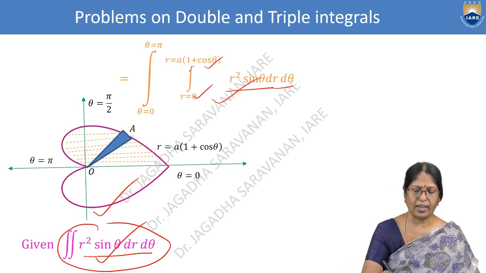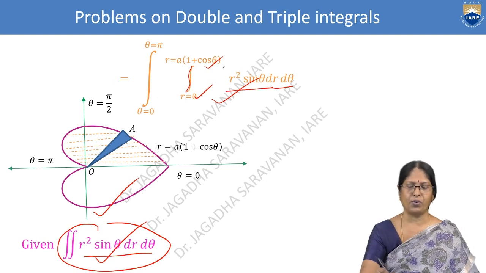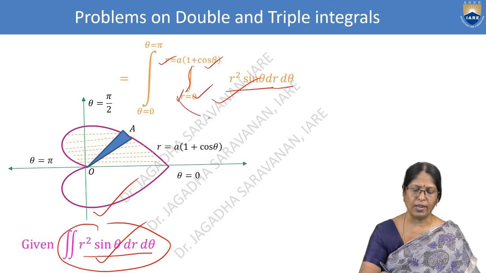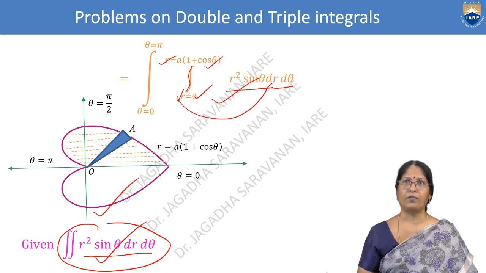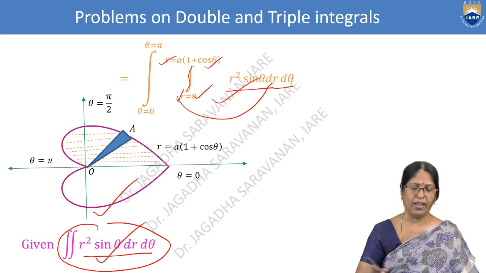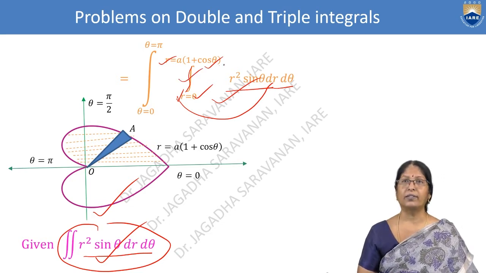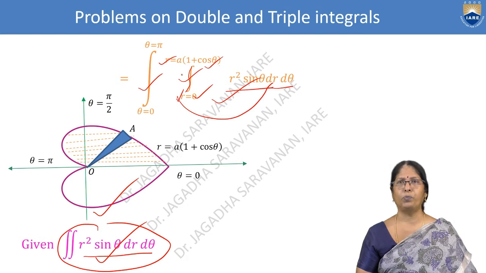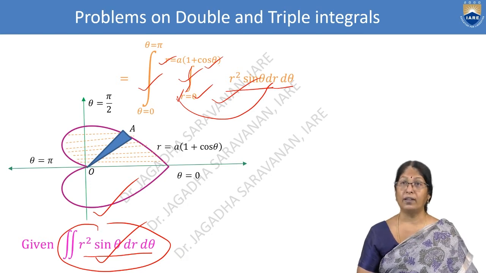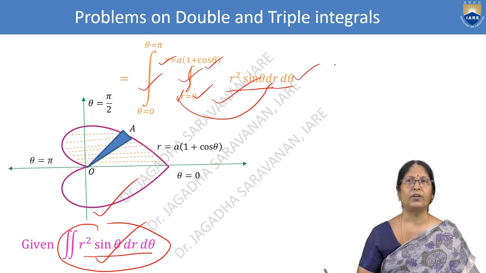So the limit is a function of theta defined for r. We have to do integration with respect to r first, so the innermost one is integrated with respect to r. Then the outermost is integrated with respect to theta.